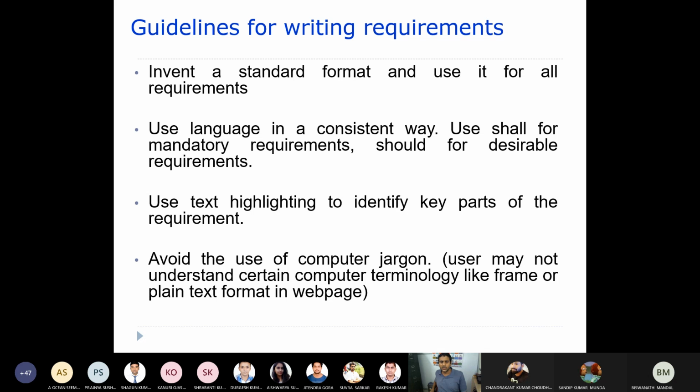People may not understand what a frame is in the context of web design, or what plain text is. Users usually do not have these technical skills at this point of time. So you should always try to avoid computer jargon, and use very simple natural language to state your requirements. So these are the various guidelines.